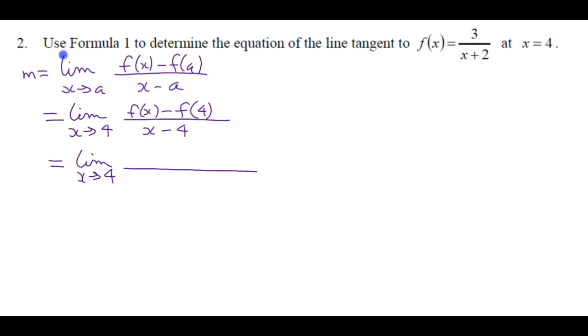All right, what's f of x? 3 over x plus 2, let's keep that in brackets, minus 3 over 4 plus 2, over x minus 4. We're just substituting in. f of x is defined, there it is on the board, 3 over x plus 2. f of 4, put in a 4 for x.